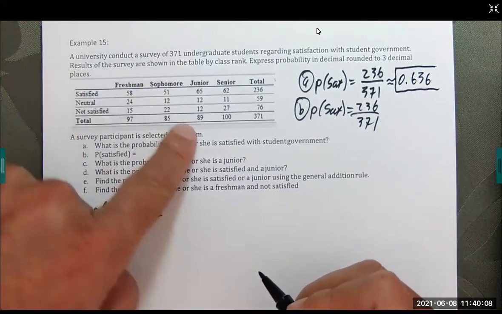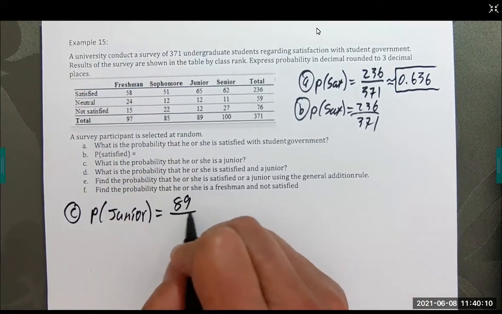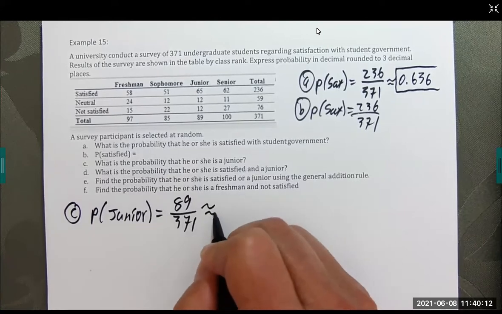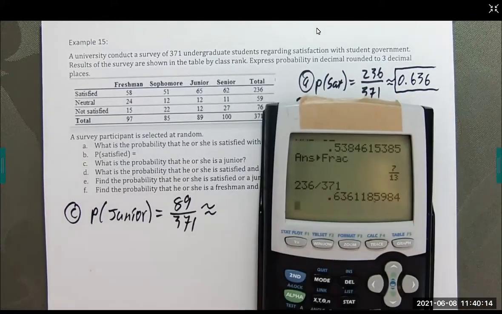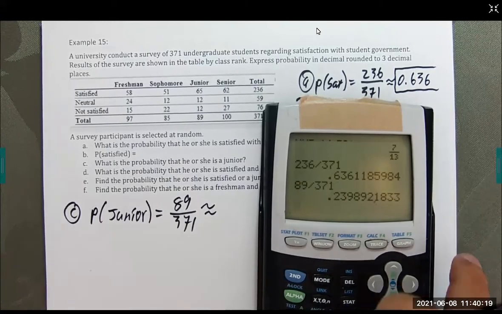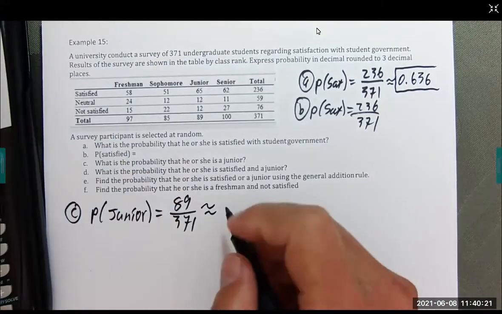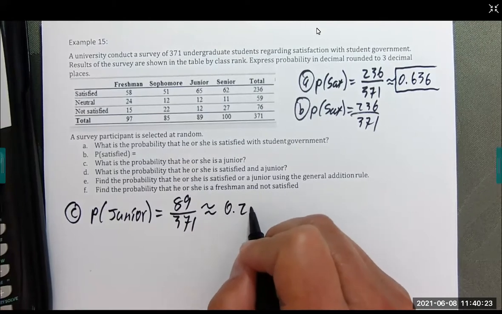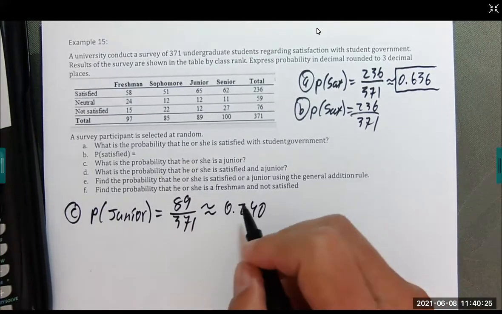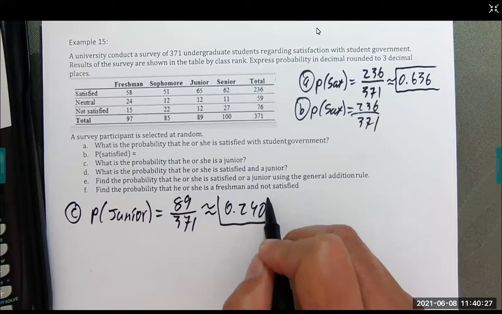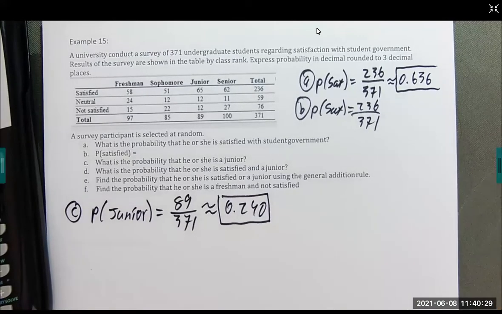And we're here. That's going to be 89 out of the 371. Let's get a decimal approximation there. That's almost 24%, 0.240, if we round it off.